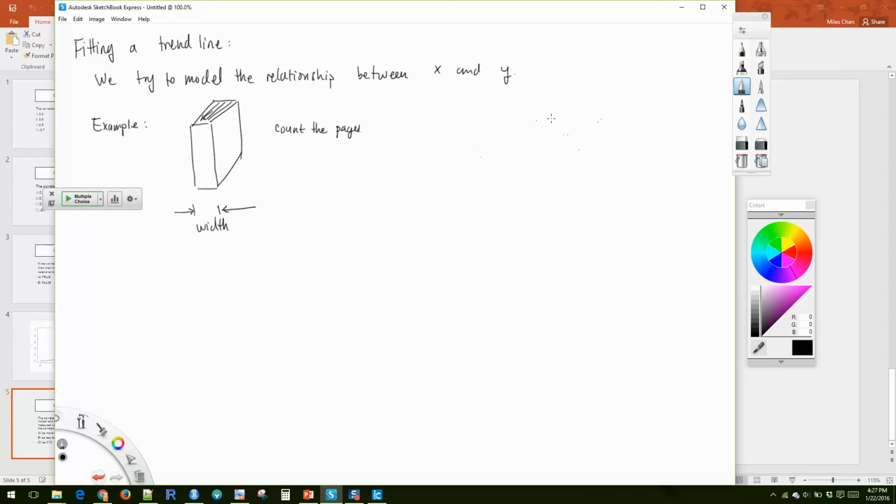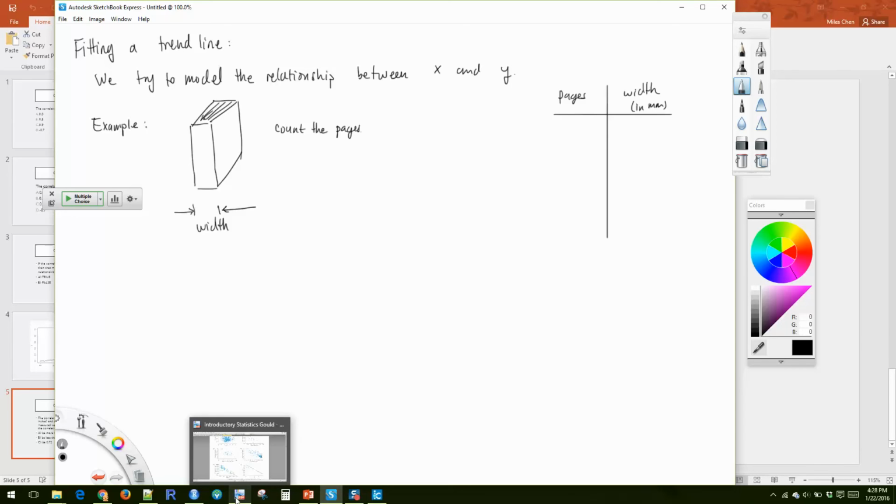Our data set is going to consist of two variables, the pages and the width. The width is in millimeters, and the pages is a count, so it's just the number of pages, all right?